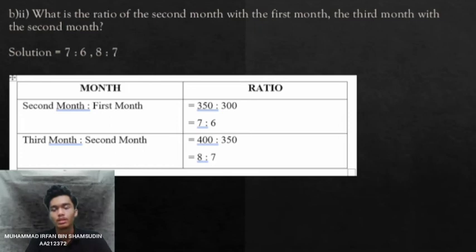We just divide these two values by 50 and we get a ratio of 7 to 6. And for the third month and the second month, 400 and 350, just the same, divide by 50 and we get 8 to 7.